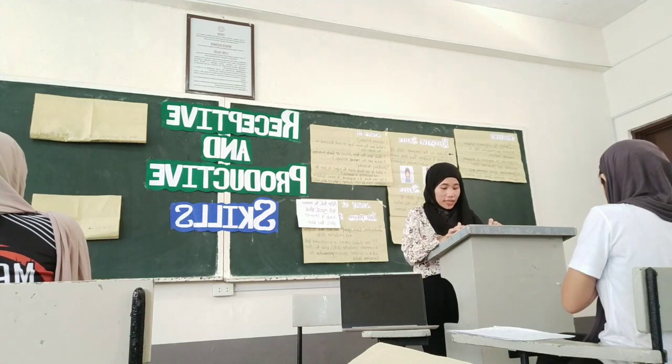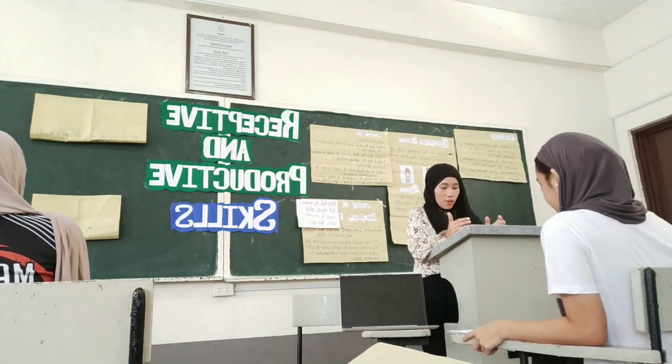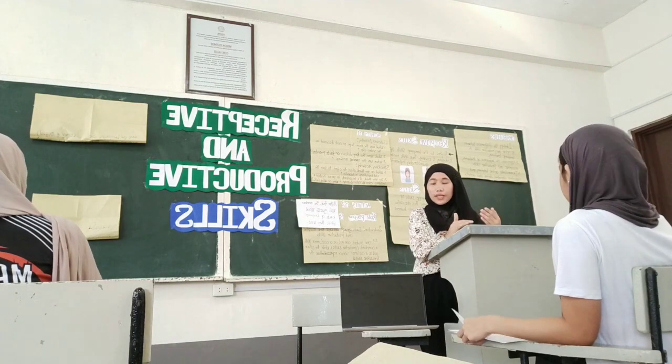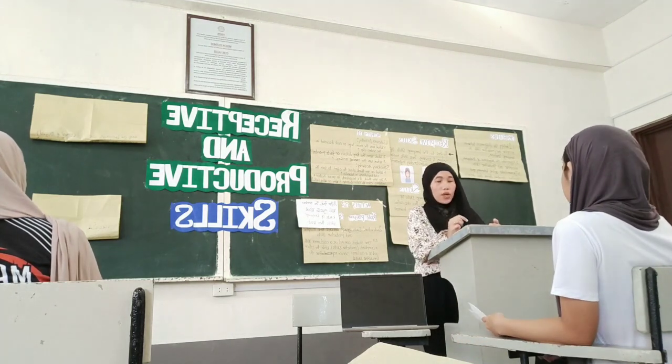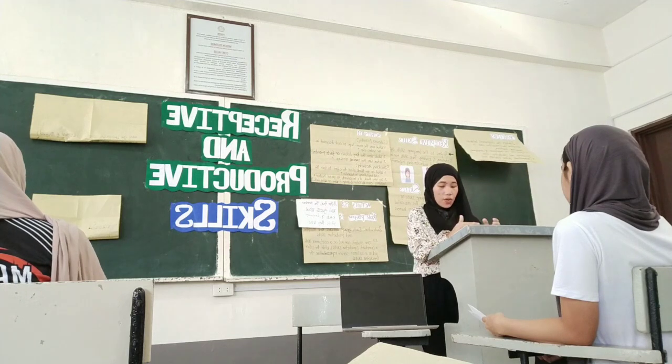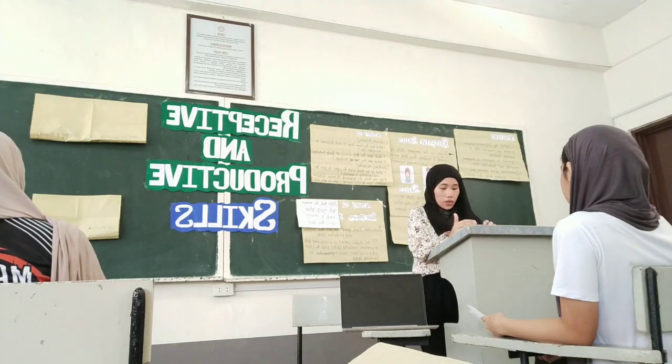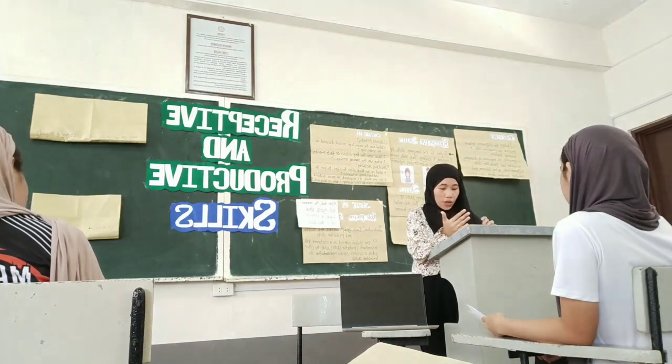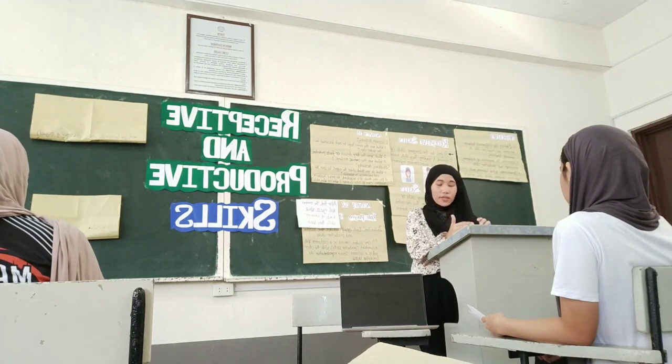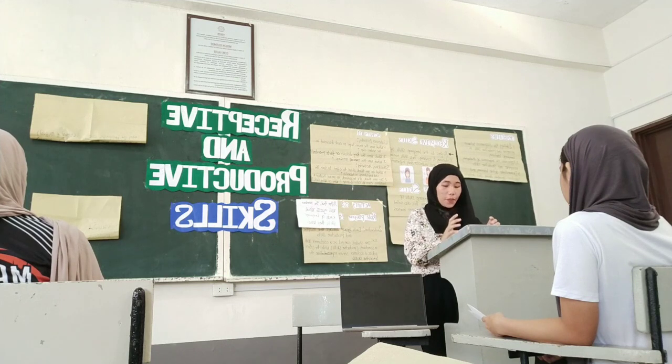So now, let's think about how we use receptive and productive skills in our daily lives. In school, when you are listening to a lecture or reading a textbook, you are using receptive skills to understand the information. Then, when you have to write a paper or give a presentation, you are using your productive skills to communicate your ideas.